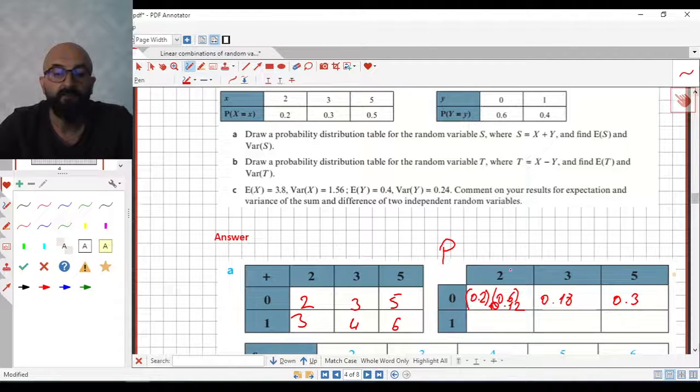Now for both 2 and 1, 0.2 multiplied by 0.4 becomes 0.08. Then 3 and 1 gives 0.12, and 5 and 1 gives 0.2.